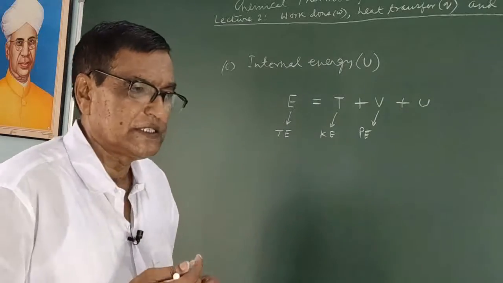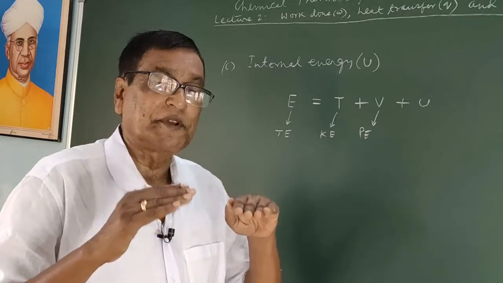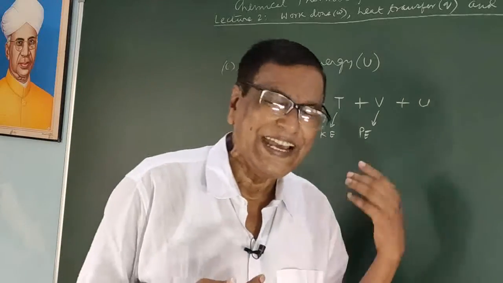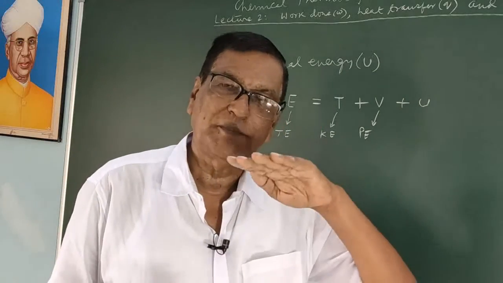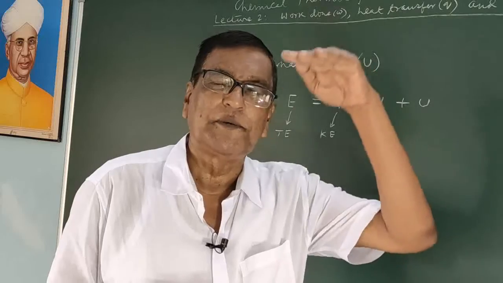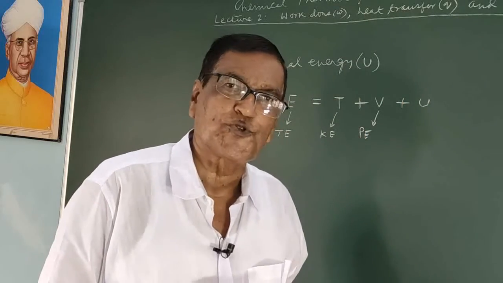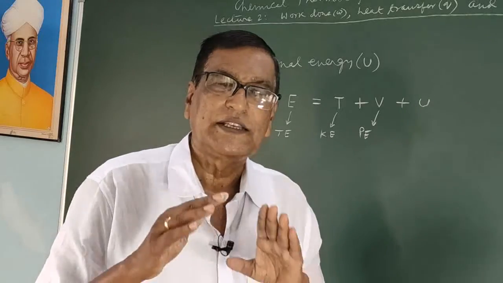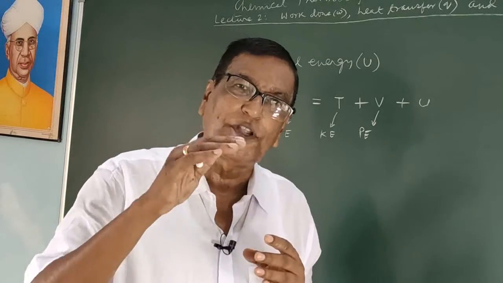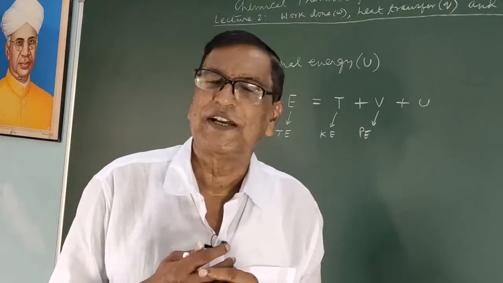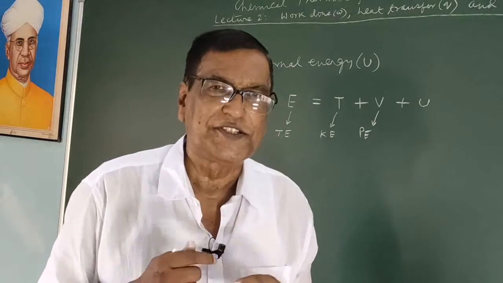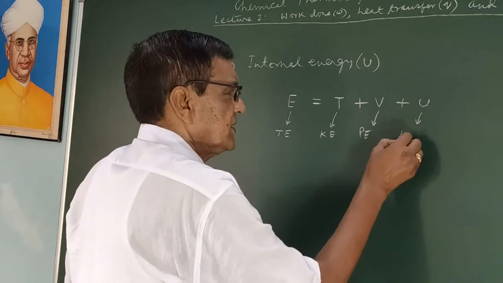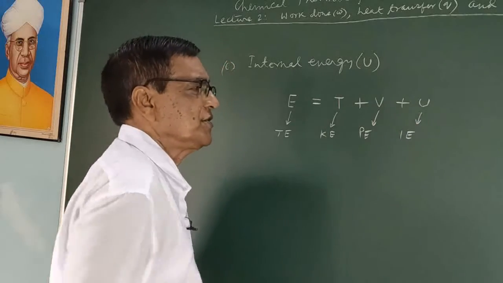If the body is in some external field force, as we have seen, whenever the body is lifted against the gravitational field force, the body acquires this potential energy equal to mgh. And E is the internal energy.